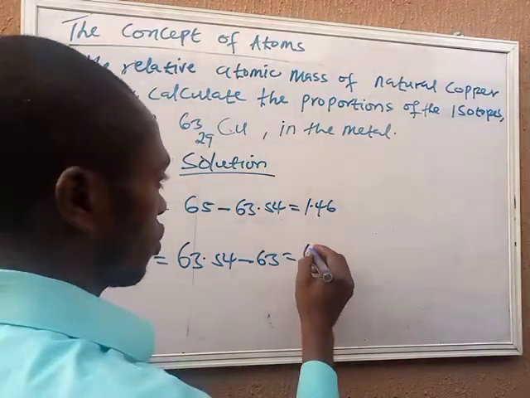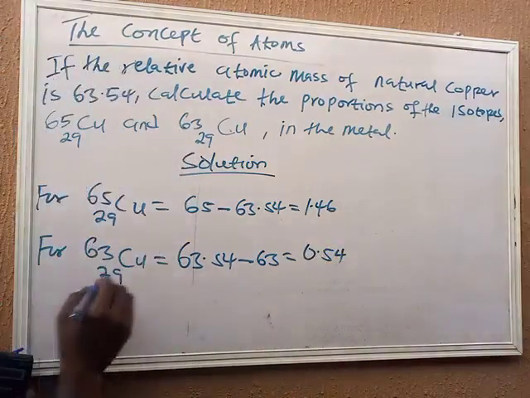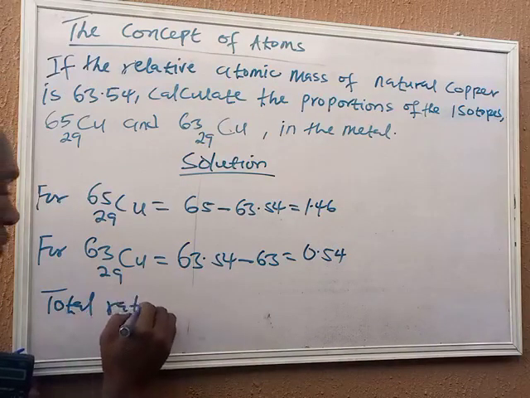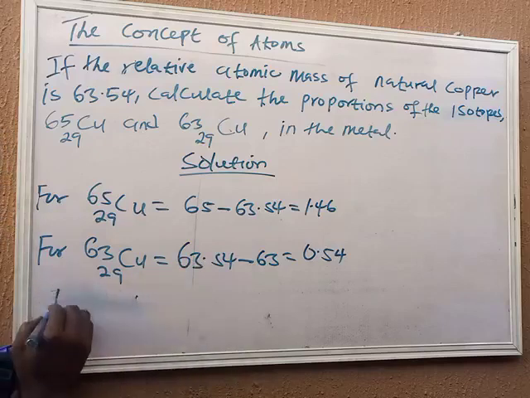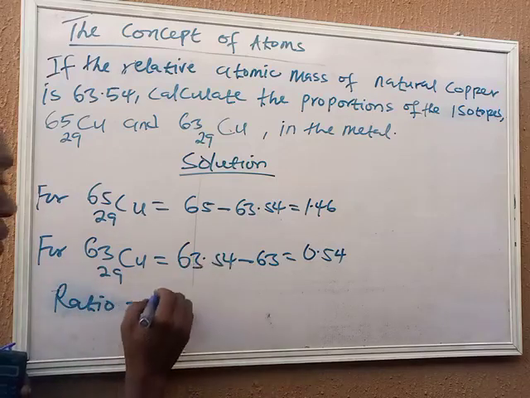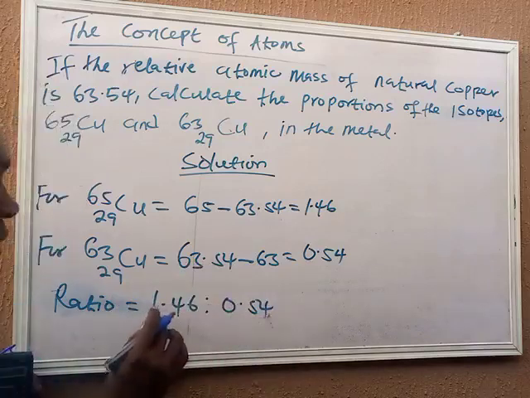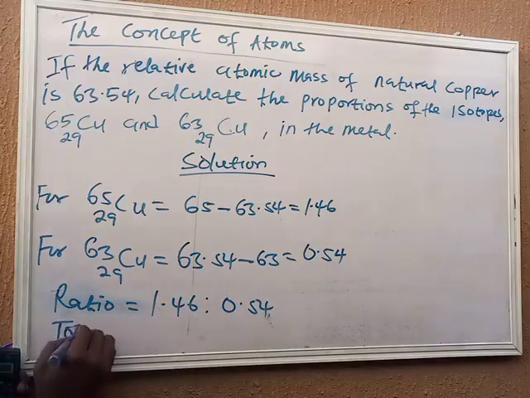Then we have 0.54. So what we'll do next is we'll look for the total ratio. Well, let's have it, the ratio of the isotopes equals 1.46 is to 0.54.